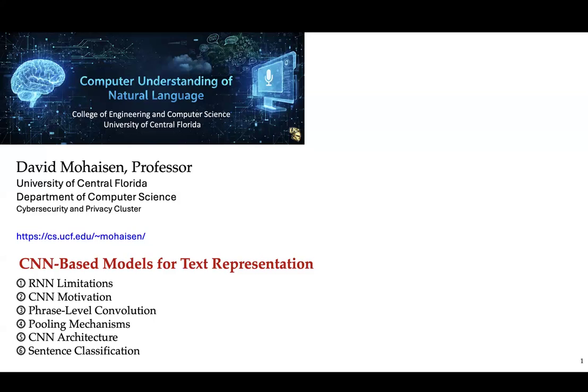Today, again, this is more of an NLP class. It's not really anything to do with vision or image modalities. So you might be wondering, why do we care about CNN-based models for text representation? The answer is that oftentimes you don't really care about something specific to the language for representation.